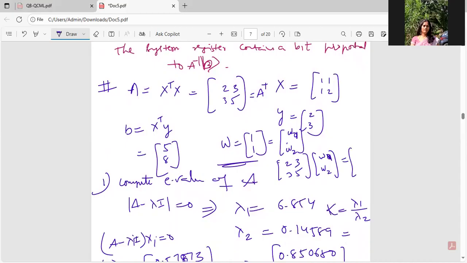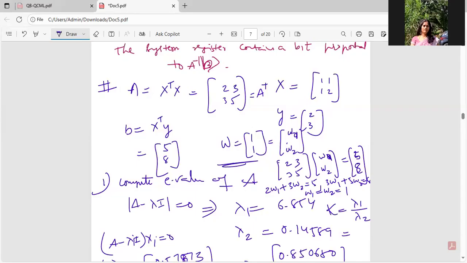This is equal to 5, 8 as my right hand side. Solve the system of equations now. 2W1 plus 3W2 is equal to 5. 3W1 plus 5W2 is equal to 8. Solve this and check. You will be getting W1 and W2 to be 1, guys.